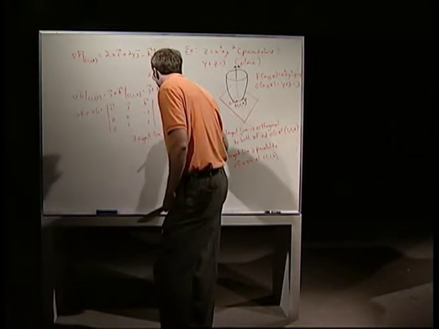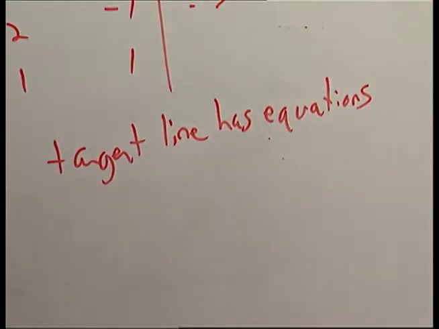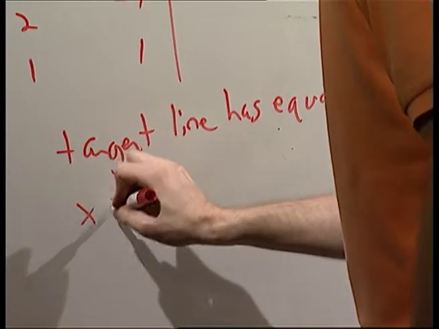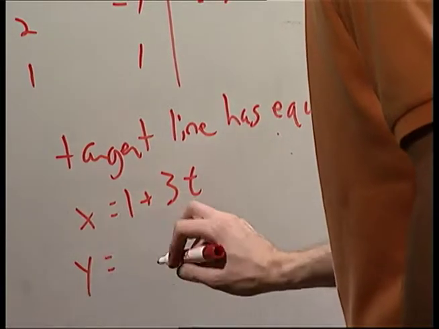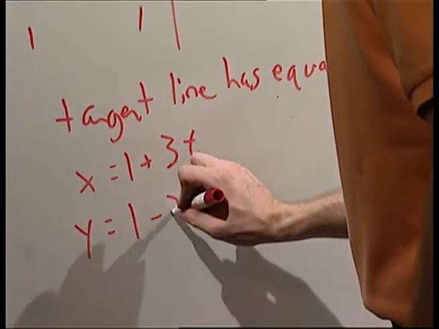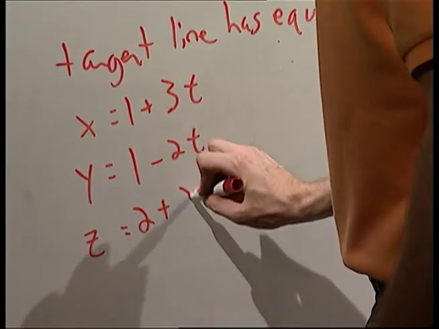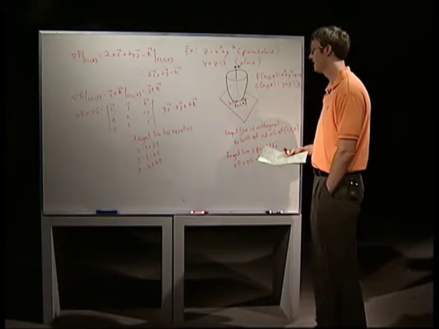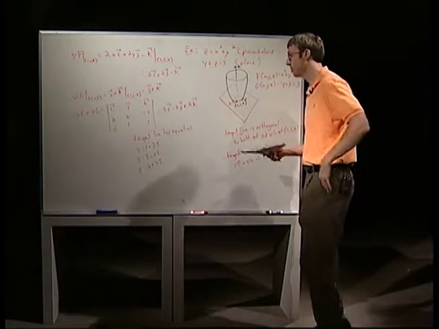The tangent line now has equations, right? These guys are the parallel vector. The point is up here. So I get x equals 1 plus 3t, y equals 1 minus 2t, z equals 2 plus 2t. And we can take note that the plane was y plus z equals 3.